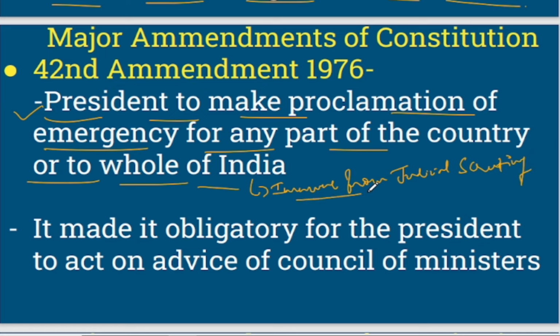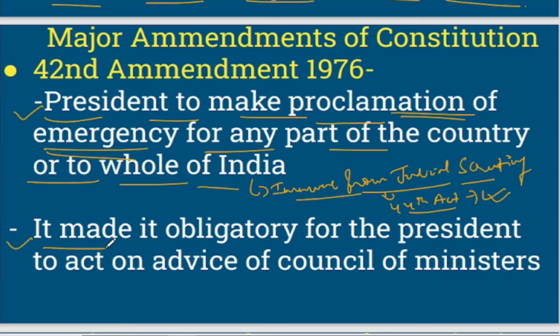Later on, through the 44th Amendment Act, this immunity in case of proclamation of emergency was removed. After the 44th Amendment Act, the judiciary could intervene in case of proclamation of emergency. So this is very important to know.